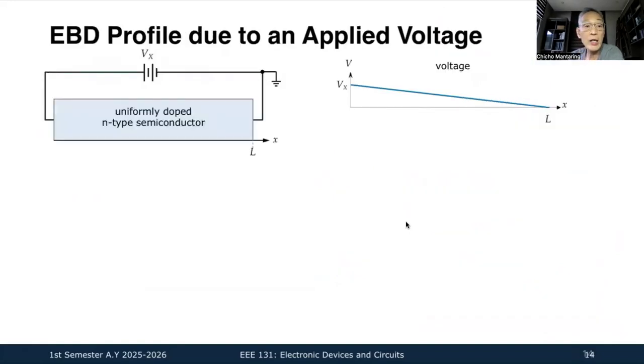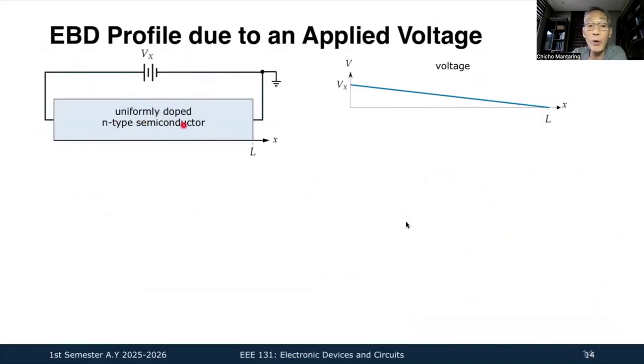Your energy band diagram profile can also change when you apply a voltage across your semiconductor. So let's assume that we have a uniformly doped n-type semiconductor now, not non-uniformly doped.